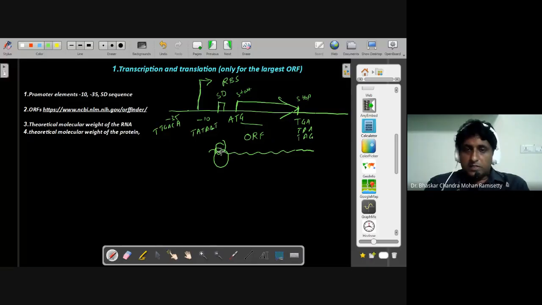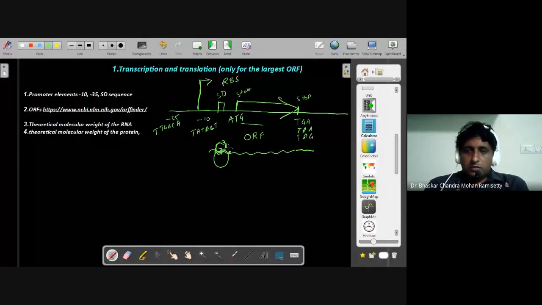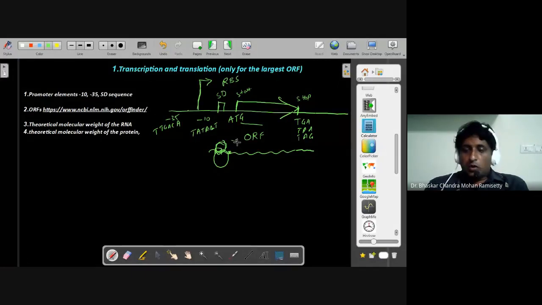First the ribosome binds to the SD sequence, and then it comes to the start codon, and from then on elongation will happen. In eukaryotes, the ribosome binding site is called the Kozak sequence. I hope you know that already. But these are some of the things that you would want to remember.